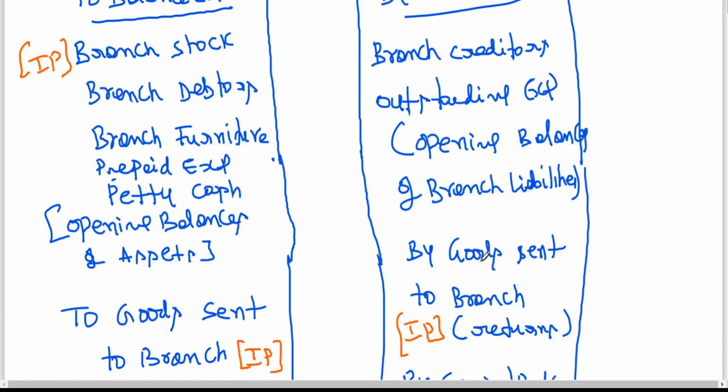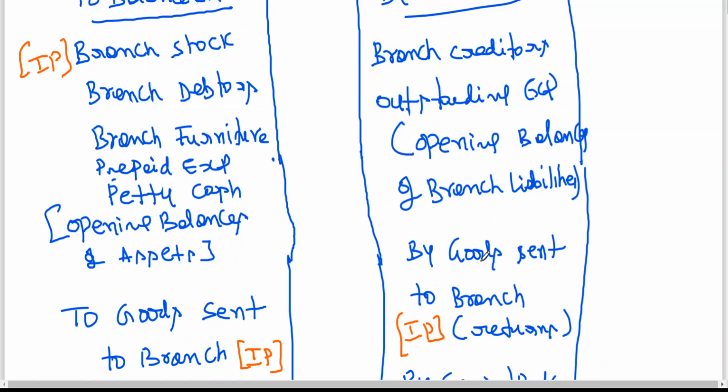Next, fifth. When goods are supplied by a branch to another branch under instruction of head office, this is something different.